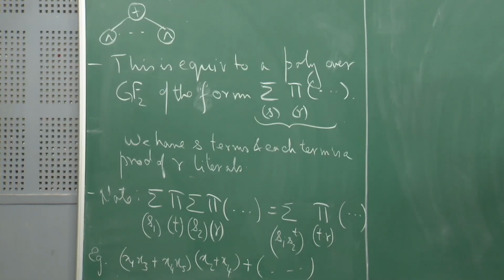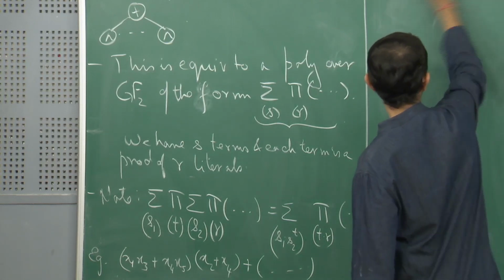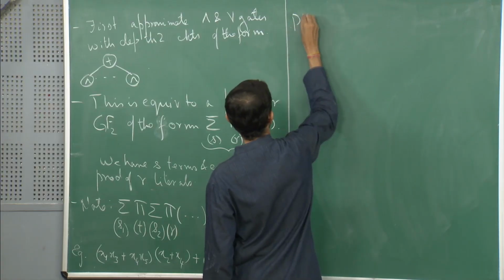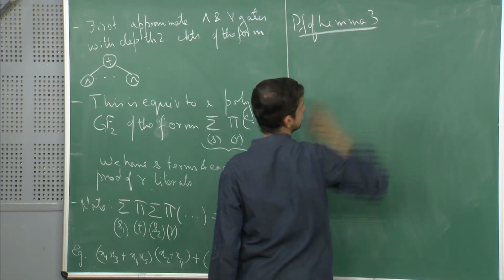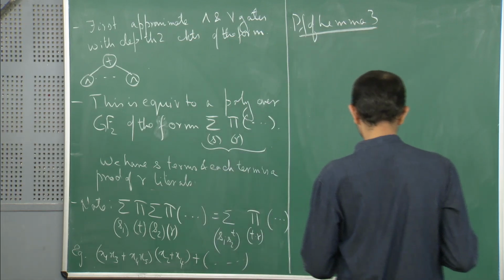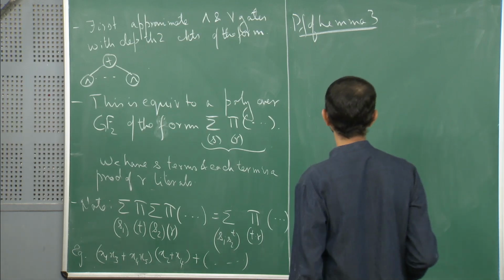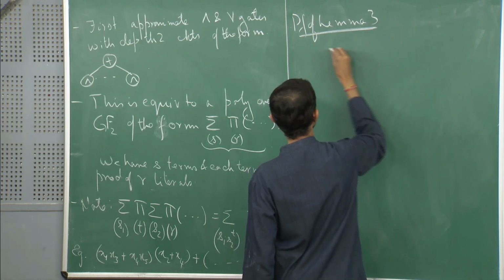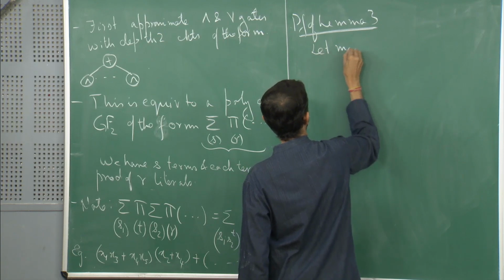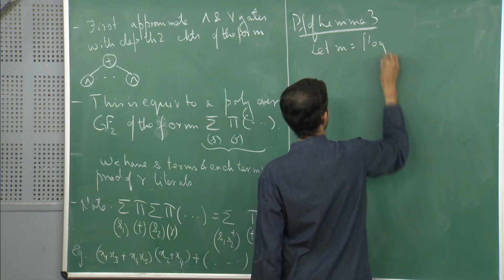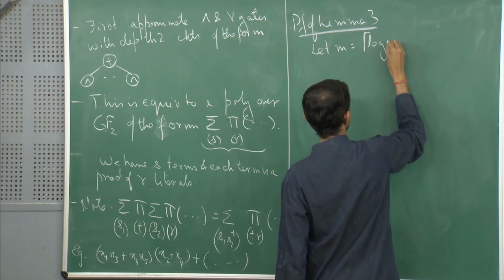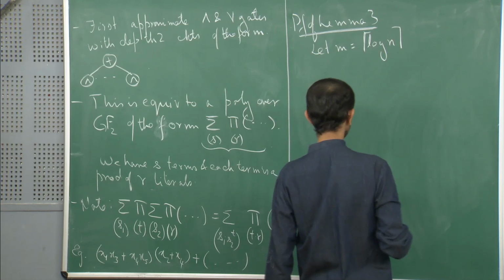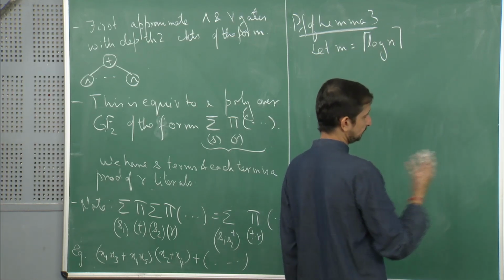Now we come to the proof of lemma 3. Let m be log of n. For us, m will be the ceiling of log n.